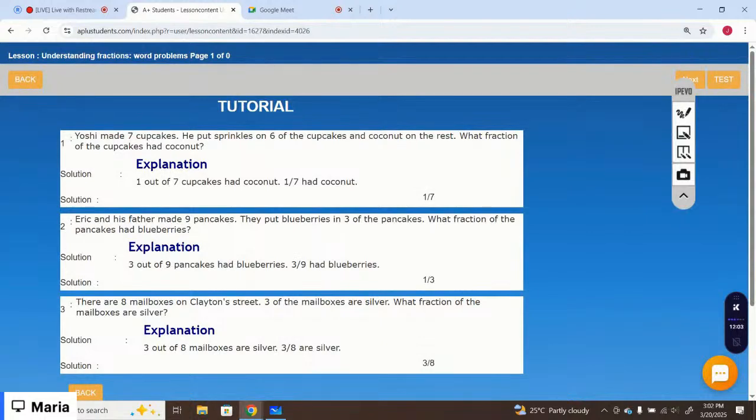He put sprinkles on 6 of the cupcakes and coconut on the rest. What fraction of the cupcakes had coconut? So which is the correct option? 6 of them he put sprinkles. That means only one has the coconut. So that means 1 out of the 7 cupcakes had coconut. That is 1 out of 7.